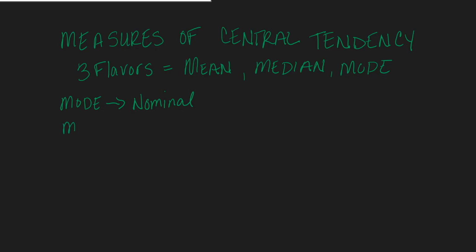The median is great when we have continuous data and we have any extreme values. That allows us to take the center of the data and ignore any really extremely high or low values in our data.